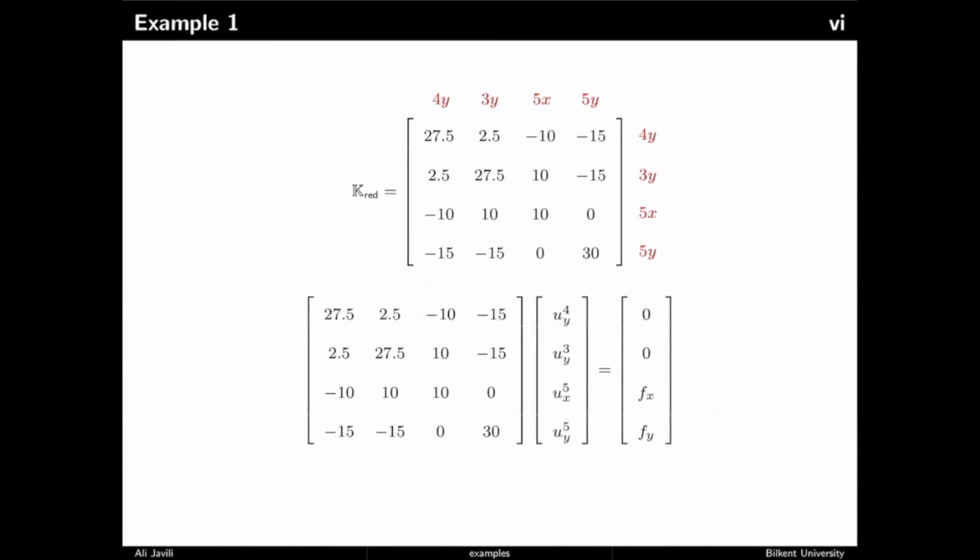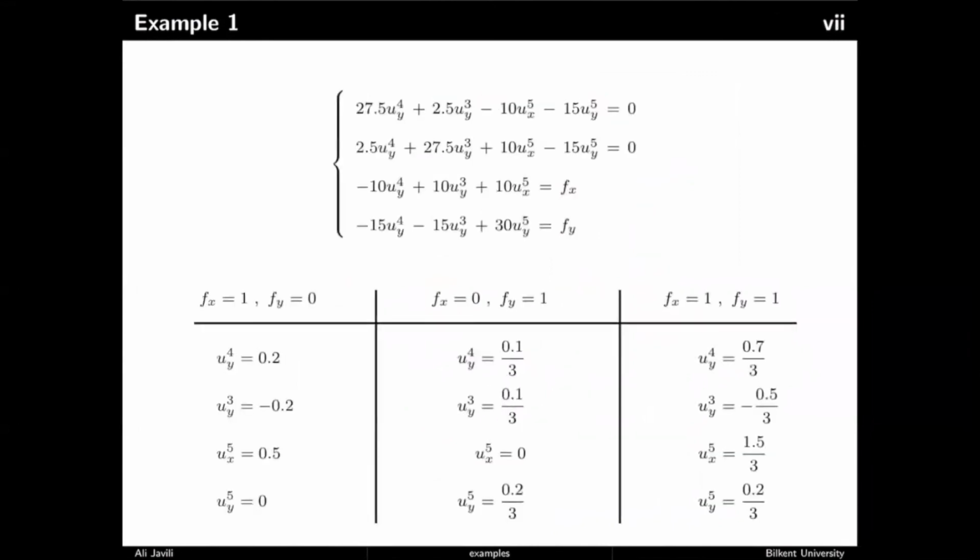Now you want to solve this. You have 4 equations, 4 unknowns in principle. It looks harder than it is. If you pay attention to the coefficients, they can easily simplify together, but you can also use your calculators for this anyway. In particular, if you set these numbers, for instance in the first case, fx is 1 and fy is 0, then you can easily solve this system.